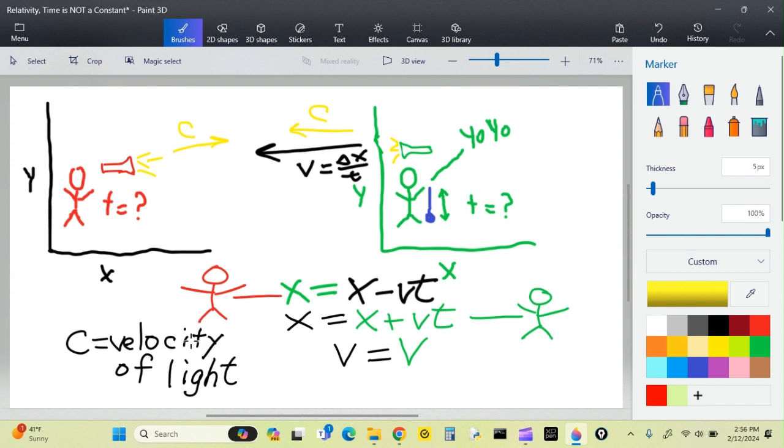Well, the velocity of light, depending on any observer, should be the same. So that velocity of light should be the same between these. And this is going to cause some very interesting differences between these things.